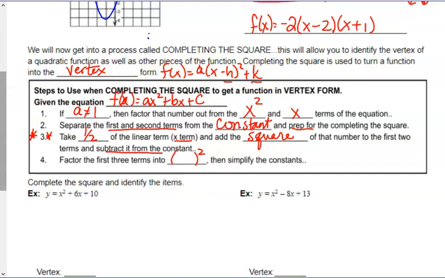Okay? Now, bear with me for a minute. I want to kind of give you that idea of that completing the square. So, if I had x squared plus 6x plus 9, and I ask you to factor that, okay? When we factored this, I did it by trial and error, but there is a special case called the perfect squares trinomial.